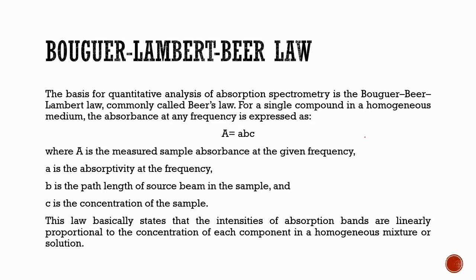Infrared spectroscopy is also an absorption spectroscopy. Similar to UV visible spectroscopy, it follows Bouguer-Lambert-Beer law, which states that absorbance is directly proportional to the path length as well as the concentration of the sample.